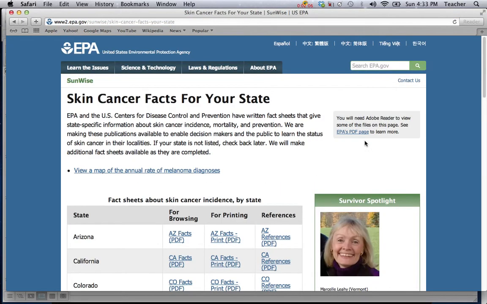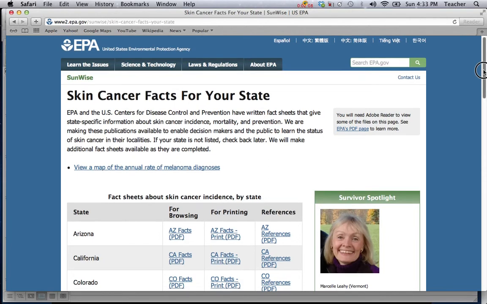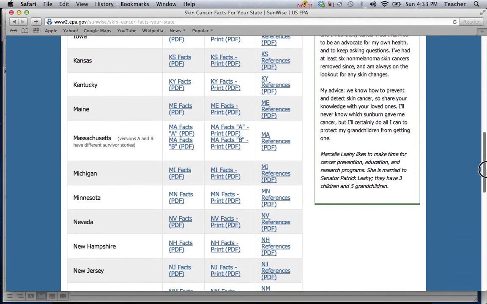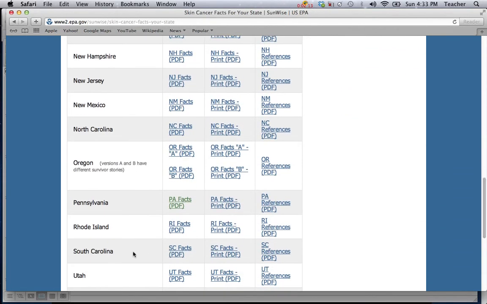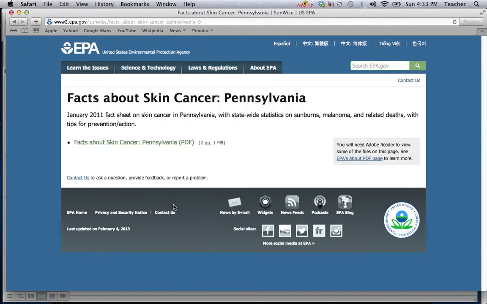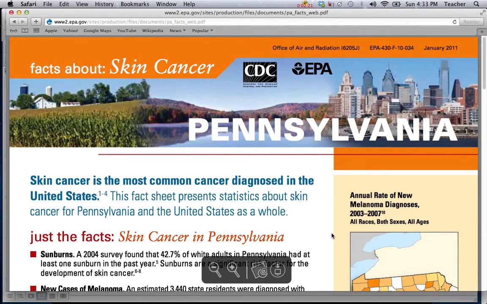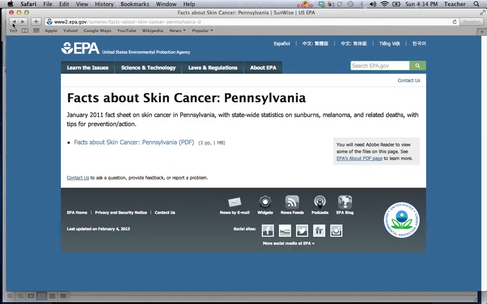So you can go down and click on the browsing version down here for the Pennsylvania facts. It'll give you a nice little newsletter type of thing that you can pop up, and it talks a lot about specifically things here in Pennsylvania, which I thought was interesting and relevant since that's where we're living.